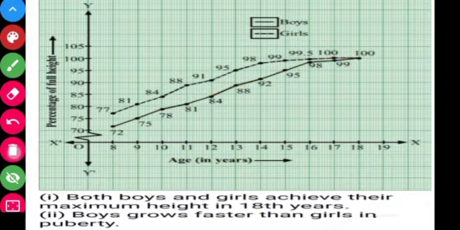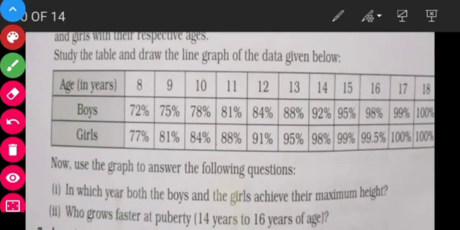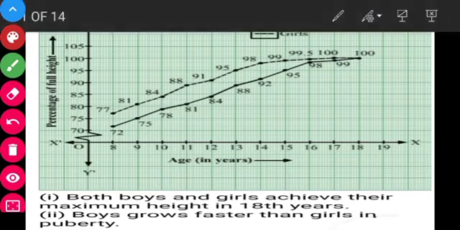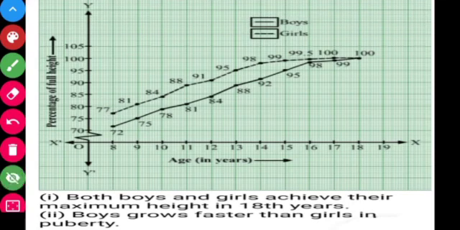For girls, 8-year-old girls cover 77%, 9 years 81%, 10-year girls cover 84%, 11-year girls 88%, and like that 18-year girls cover 100%. Here, in 17 years only, girls get 100% of height.